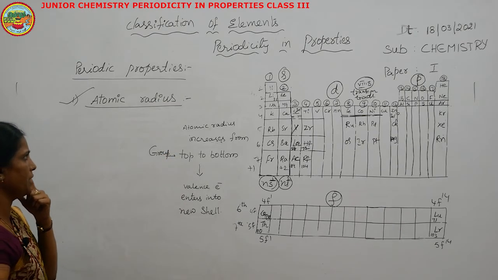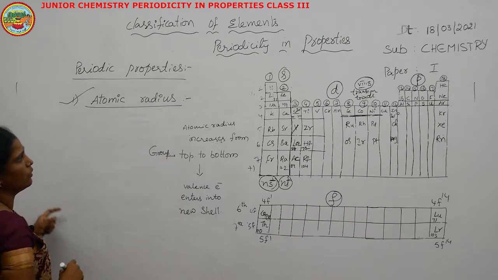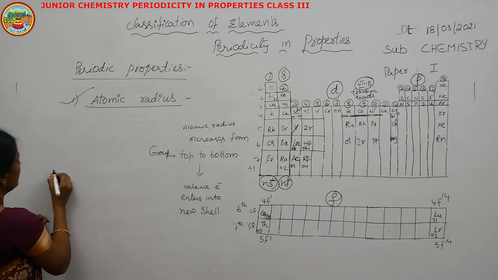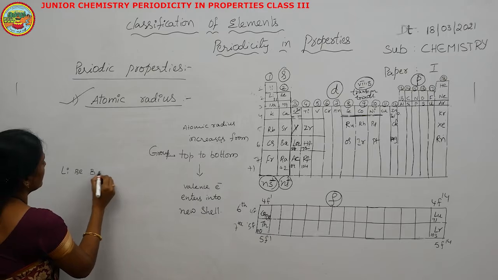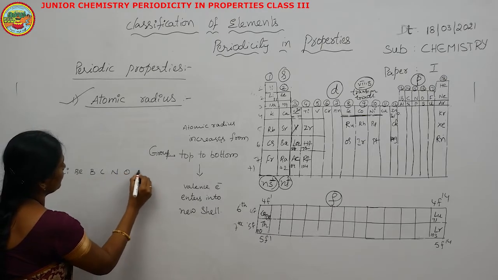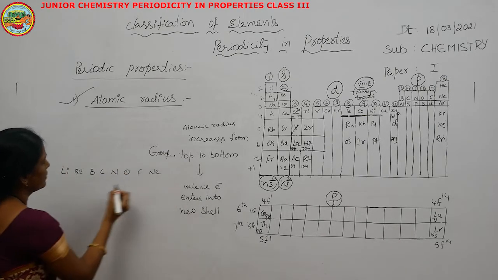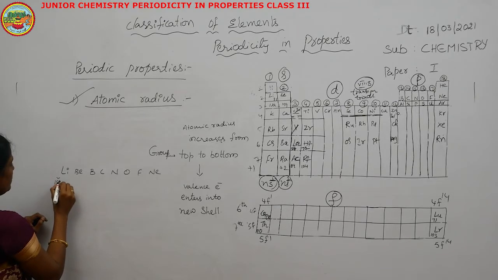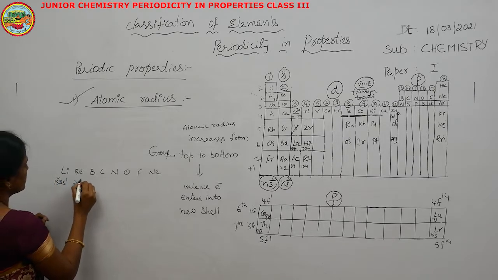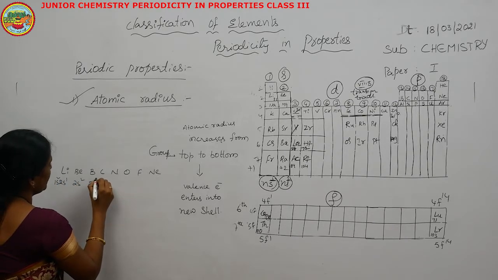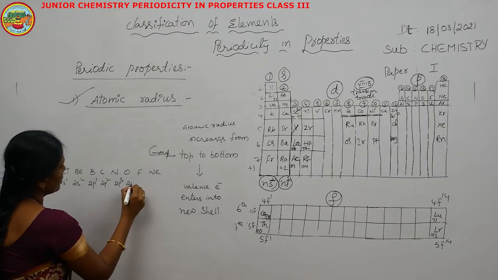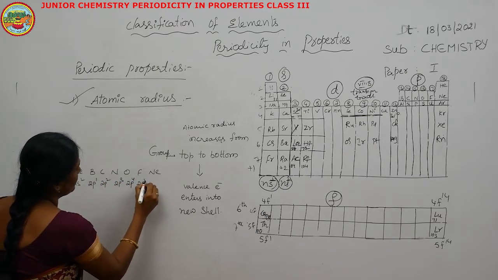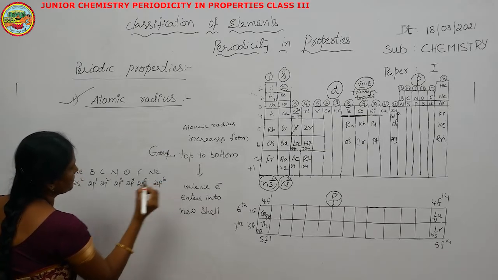Then if you consider the period, the horizontal row, lithium, beryllium, boron, carbon, nitrogen, oxygen, fluorine and neon. Lithium means 1s2, 2s1, 2s2 and 2p1, 2p2, 2p3, 2p4, 2p5, 2p6.